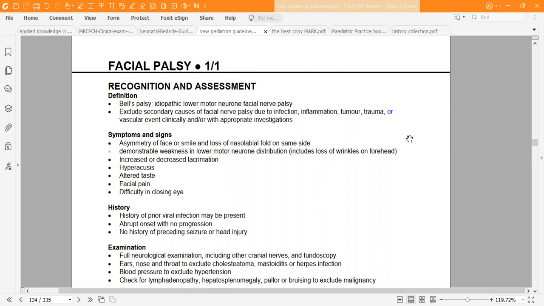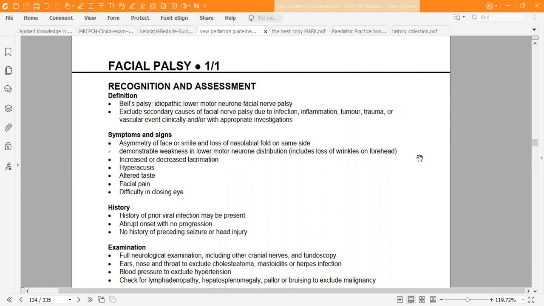It could come up as a history with underlying disease, for example, in association with GBS, which is Guillain-Barré syndrome. So it's very crucial and important even for your daily practice.